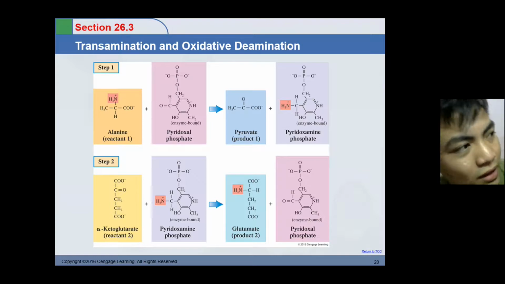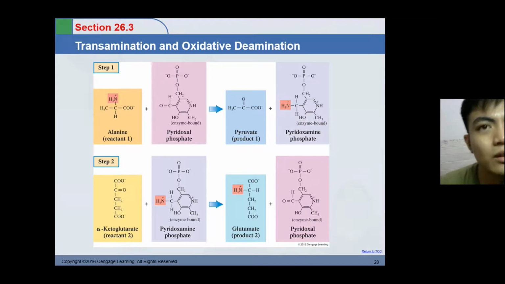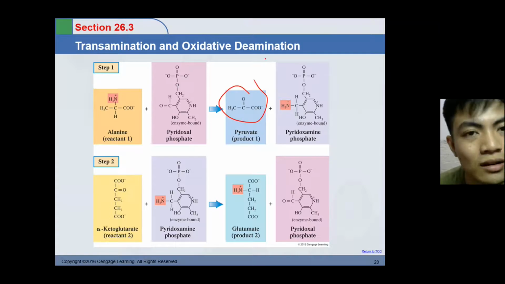Na ang ginagawa lang ng body, yung amino and yung carbonyl, pinapalipat-lipat lang niya para makagawa tayo ng mga amino acids sa body natin. Very smart. Okay? So, yun. And of course, look, no? Hindi lang amino acids yun na produce niya. It also produce some intermediate that are needed in common metabolic processes, no?